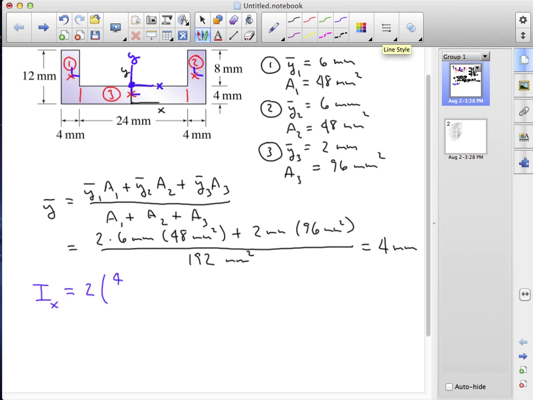All the dimensions will be in millimeters, so we'll leave those off. 4 times 12 cubed over 12. And then again, the parallel axis offset is 2 millimeters, so this is plus the area, which is 48 millimeters squared, times the offset, which is 2 millimeters squared.